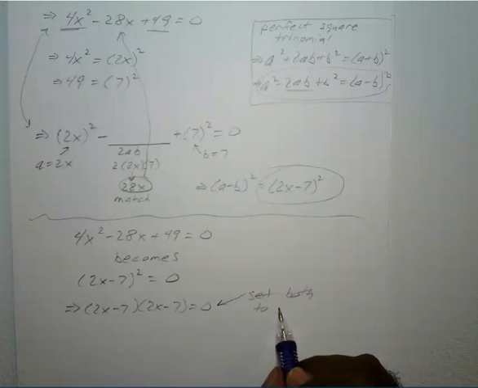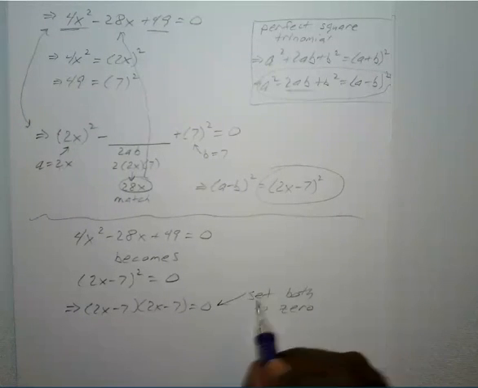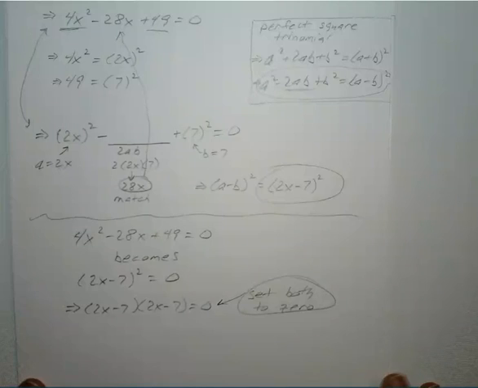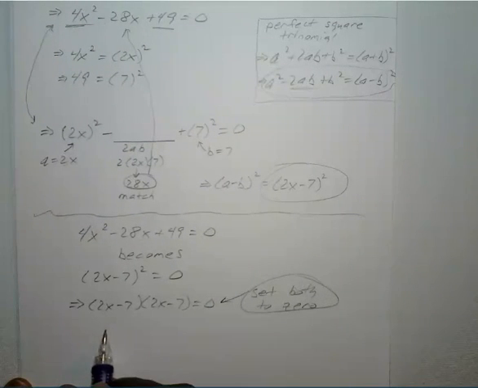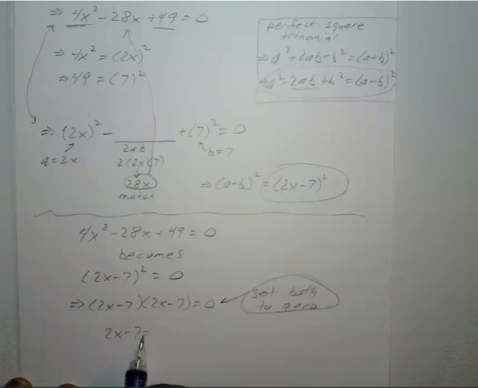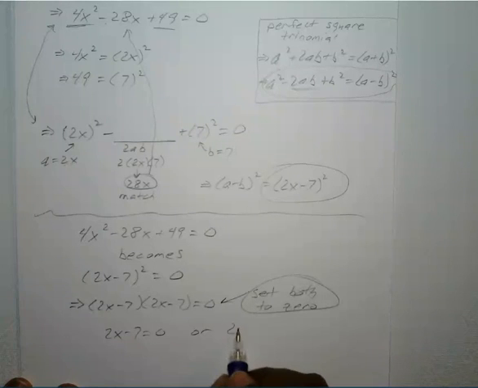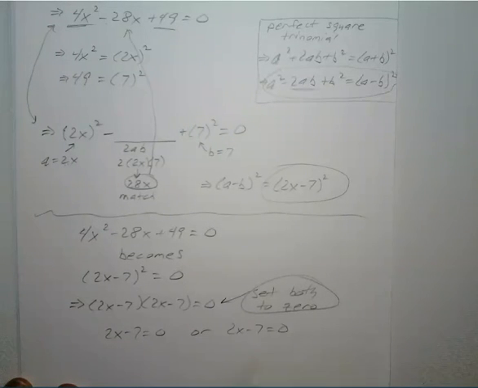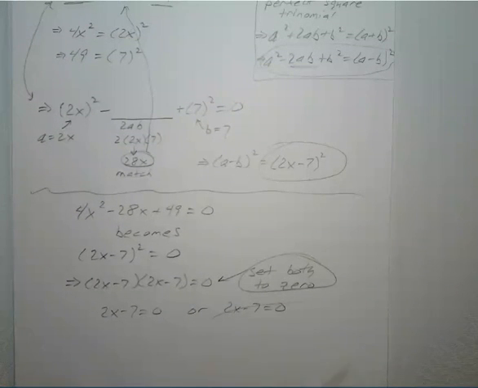Okay, so remember it's factors, so we set both to 0. So really, if you have 2x minus 7 equals 0 or 2x minus 7 equals 0, you only have to solve it once. You don't have to solve it twice if it's the same thing.